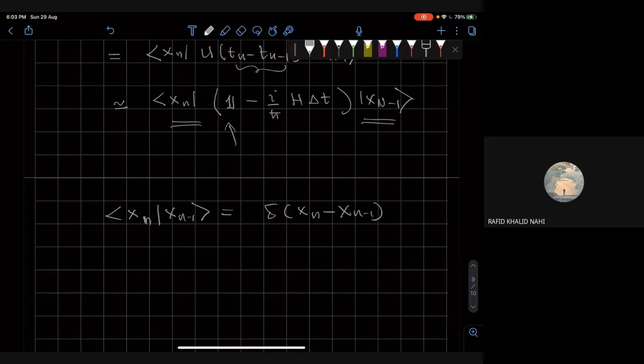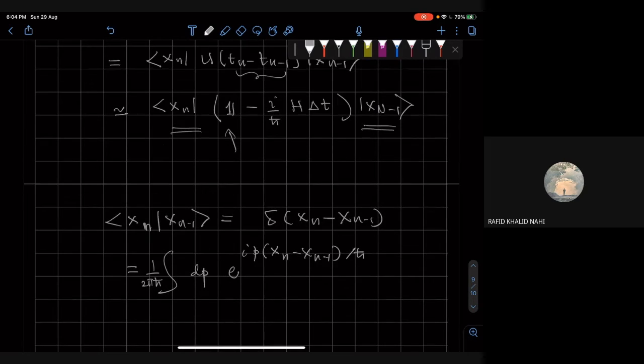But in quantum mechanics, delta functions give you normalization for the momentum eigenstates, and therefore we can write this as an integral over, with the prefactor 1 over 2 pi h bar, dp e to the power i p (x_n minus x_{n-1}) divided by h bar. Okay, so this is something we know from previous semesters of quantum mechanics. This is the normalization condition of the momentum eigenstates.